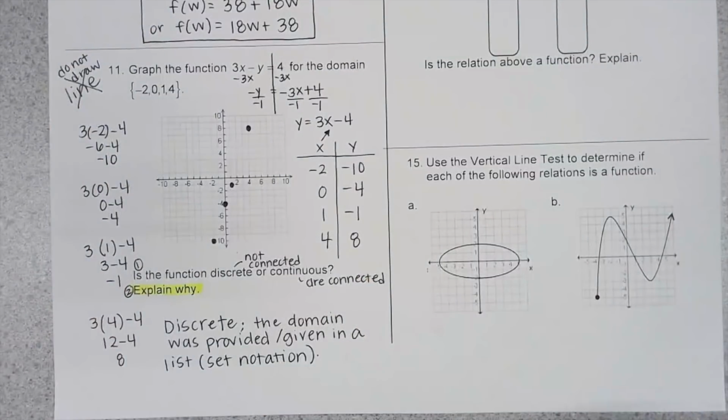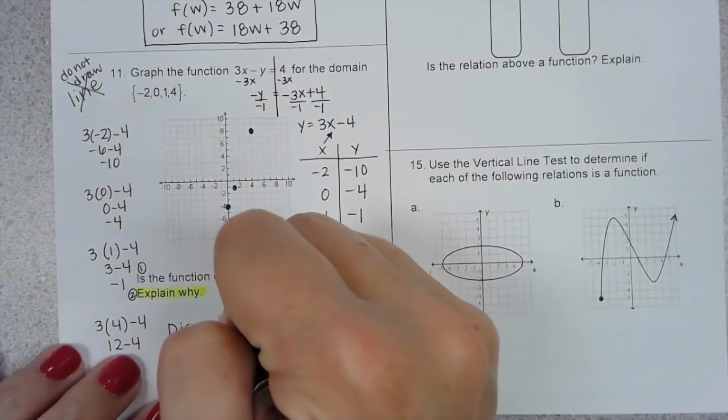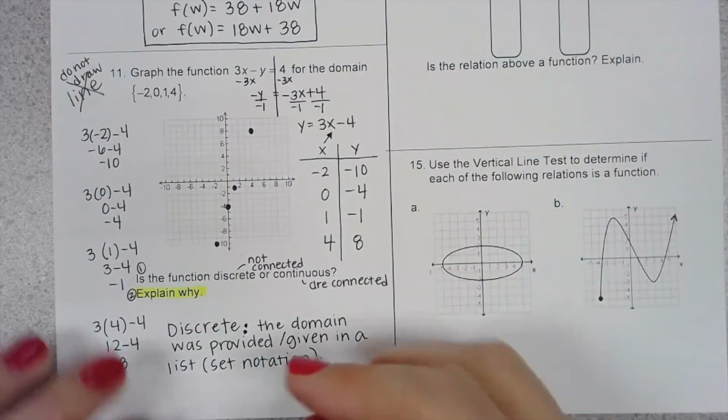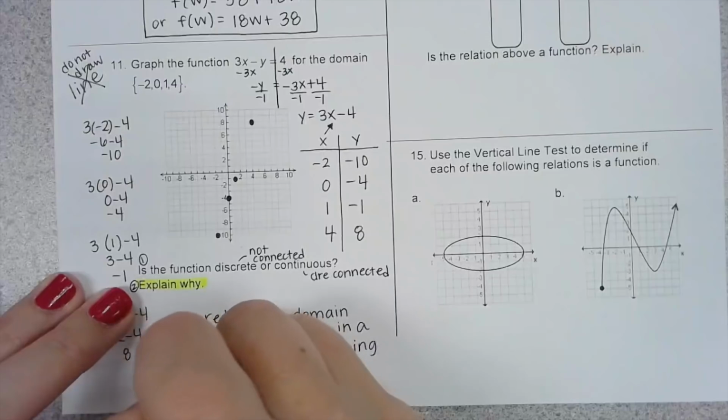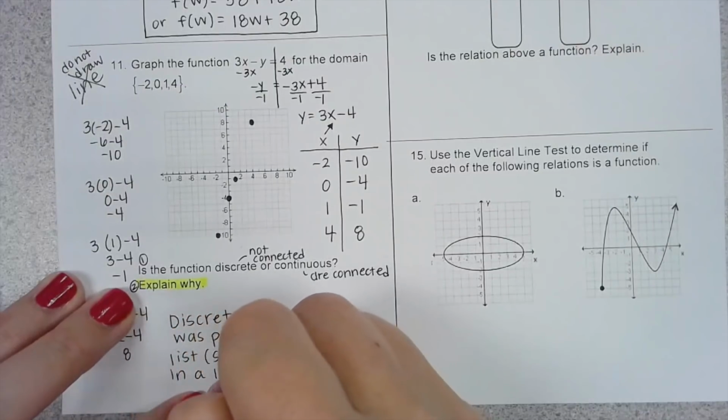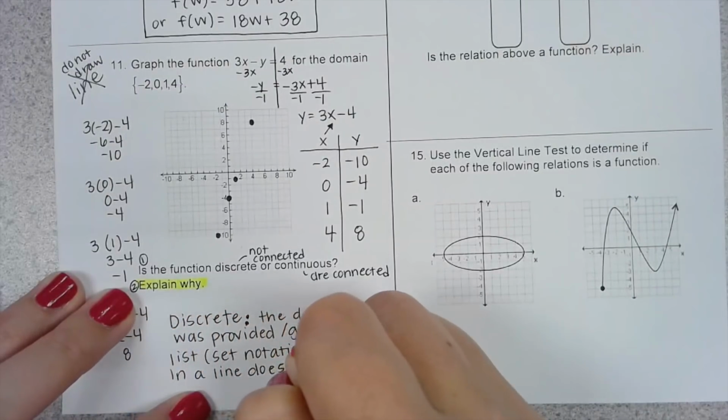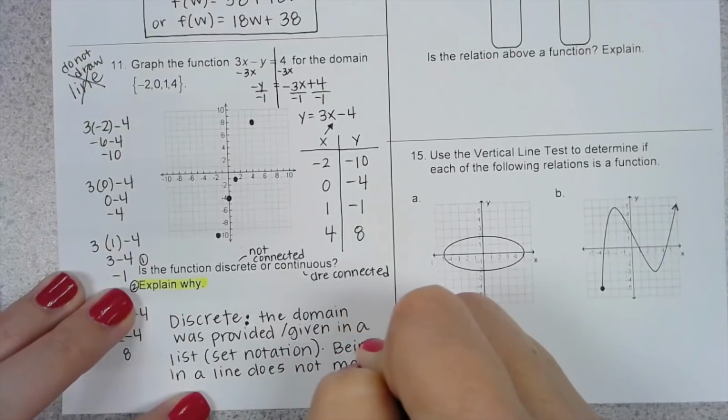And so because the domain was given to you as a list, it doesn't matter whether they're in a single line or not. This means that it's going to be discrete. So being in a line does not make the graph continuous.